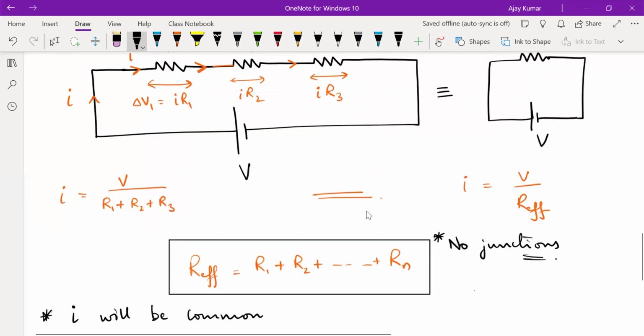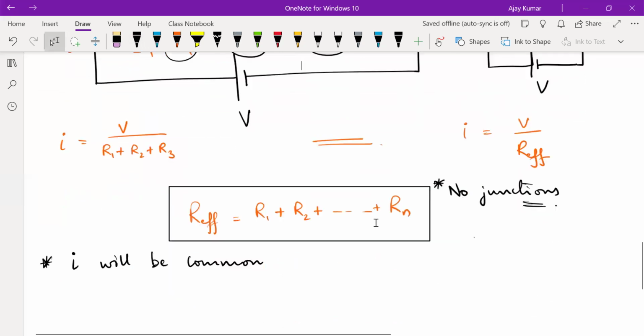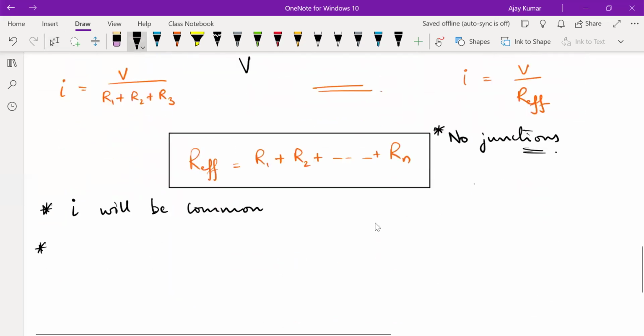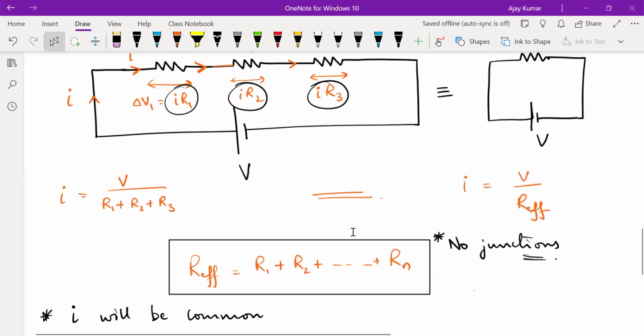If current is common, tell me what is the ratio of potential differences across the resistors? You look at the diagram and tell me directly.